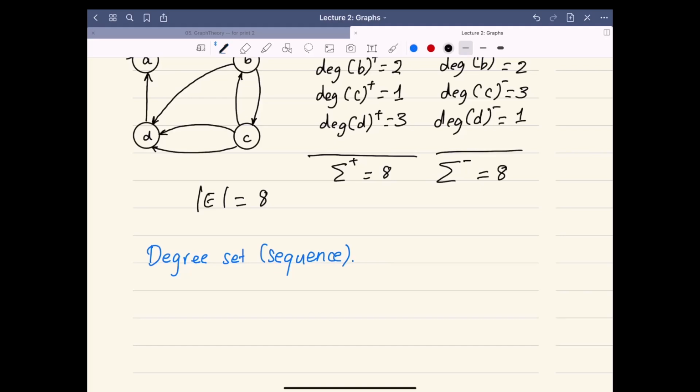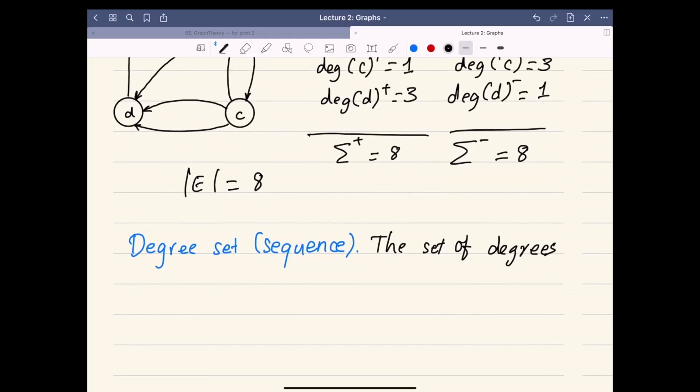It is the set of degrees of a graph listed in ascending order. And usually this graph is an undirected graph.